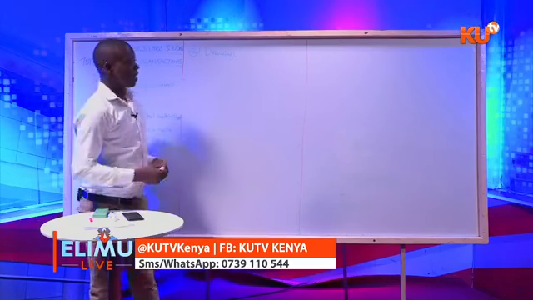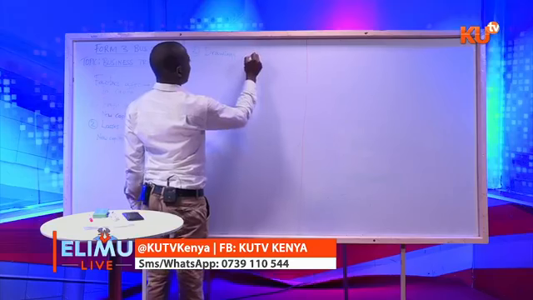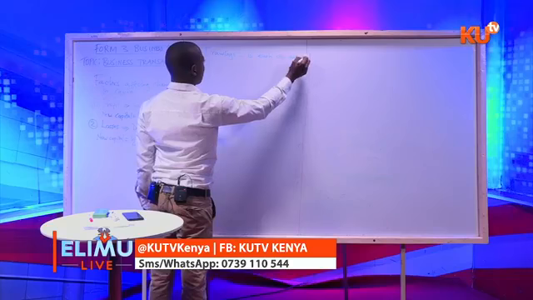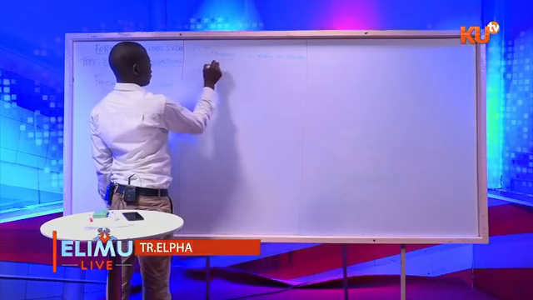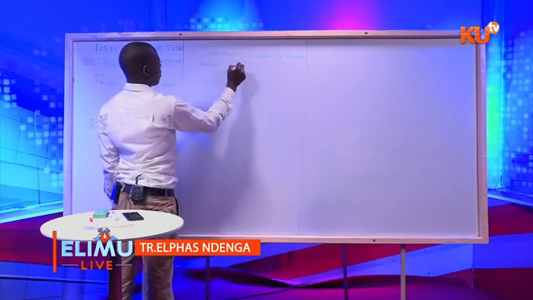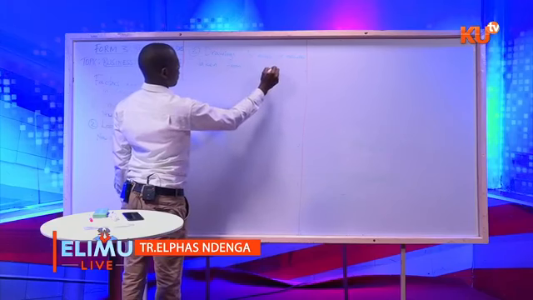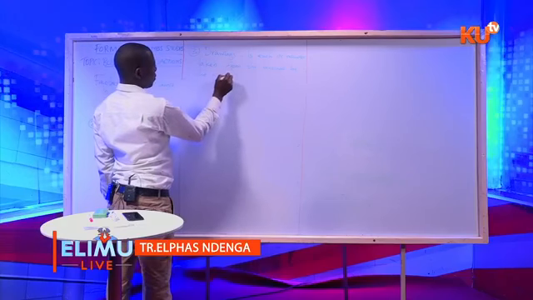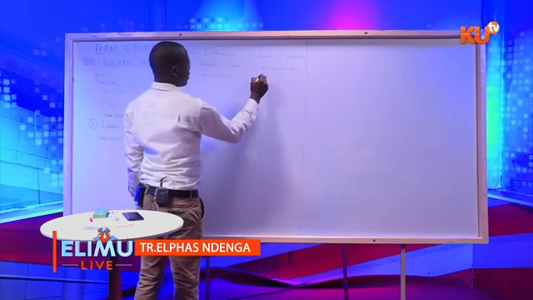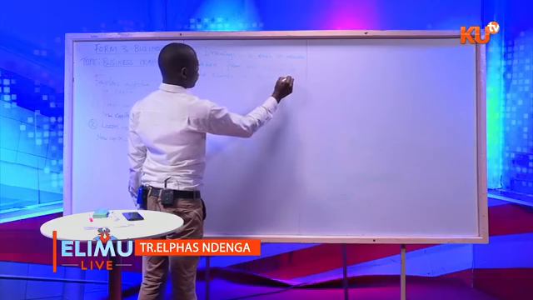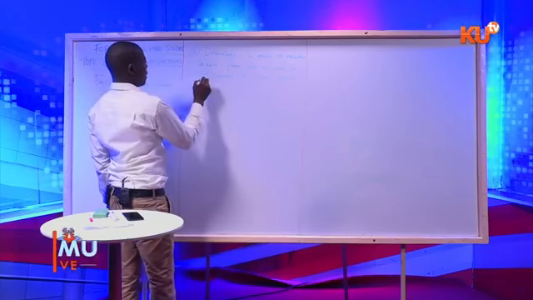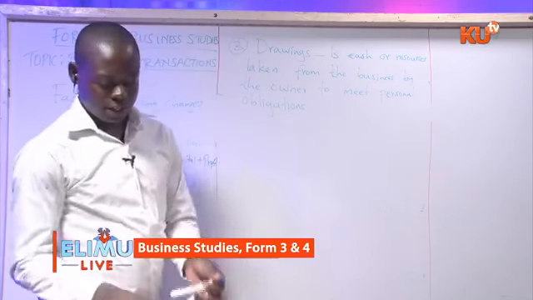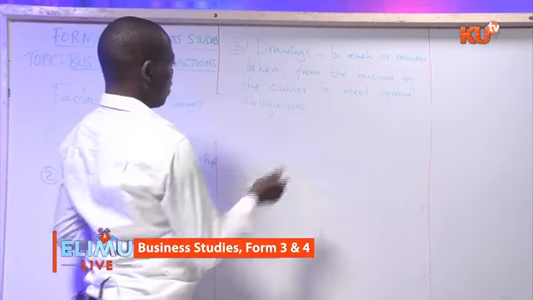Drawings is either cash or resources taken from the business by the owner to meet personal obligations. You take this to meet personal obligations.